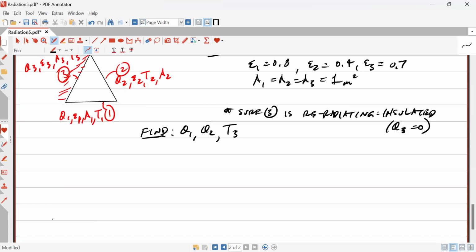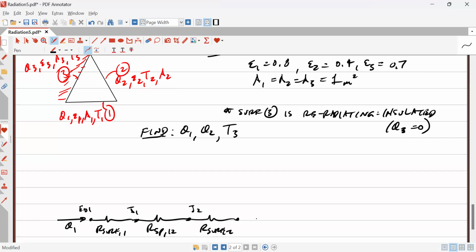Okay, so we'll redraw this again. Q1 goes into EB1. Our surface 1, we get to J1 here. We have a spatial resistance 1 to 2, which gets us to J2. And we have our surface resistance at 2, so it gets us to EB2.